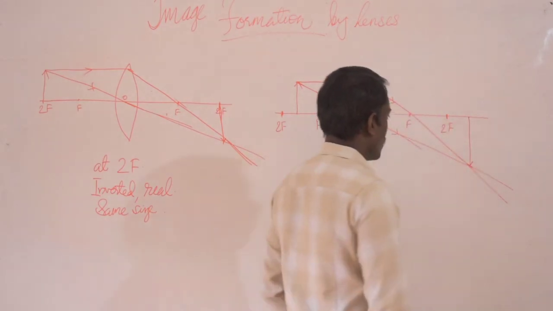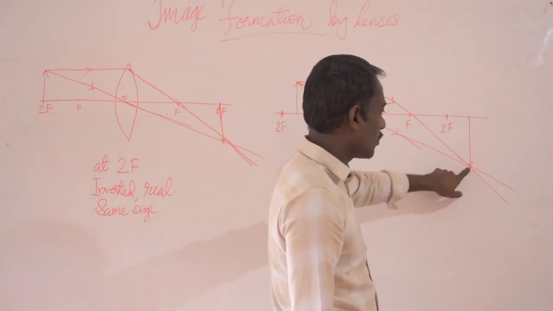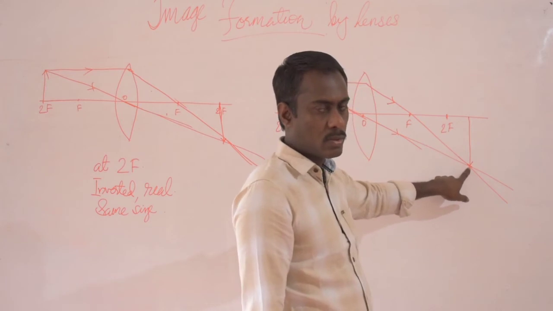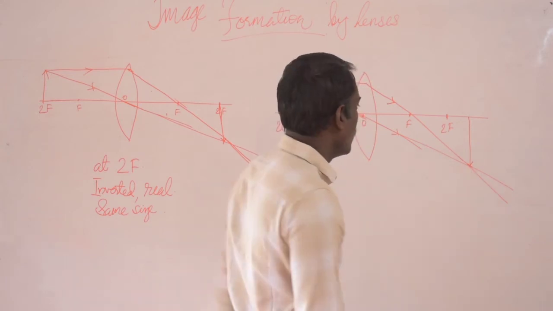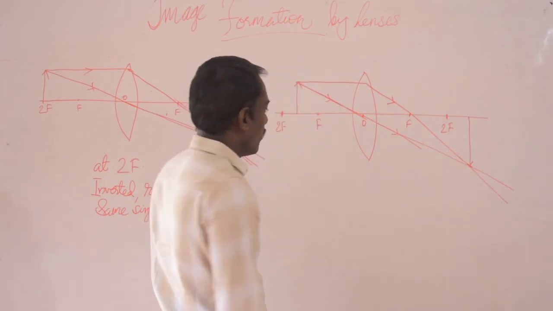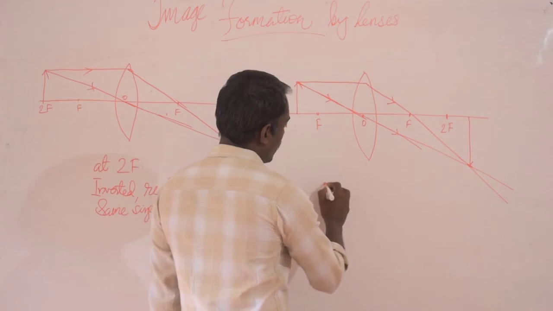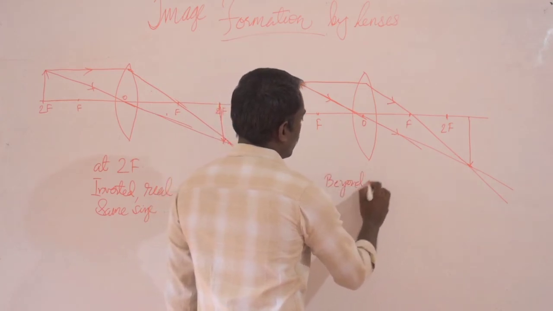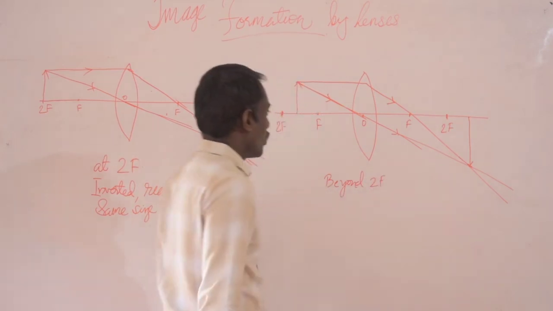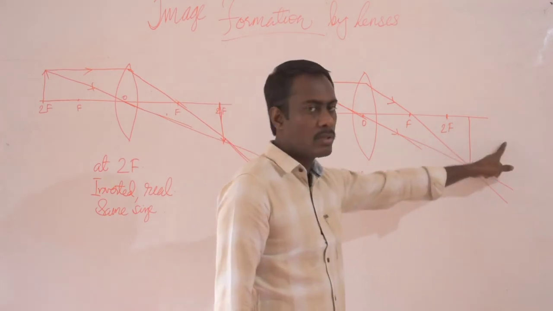Since the two rays originate from the same point, at the point of intersection the image will be formed. So here we compare the object and image. Where is the image formed? It is formed beyond 2F. When the object is kept in between F and 2F, the image is formed beyond 2F.